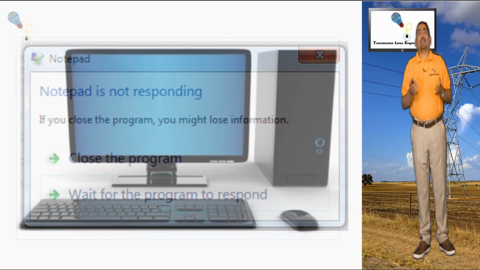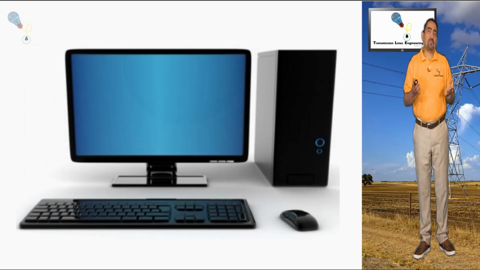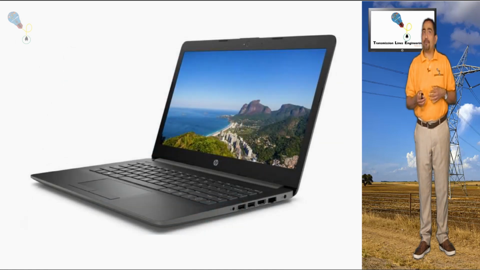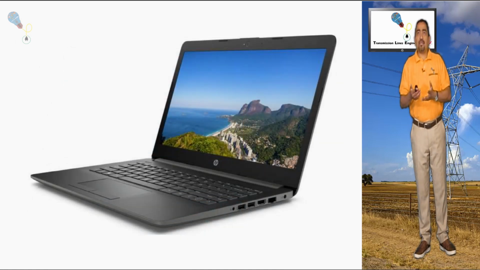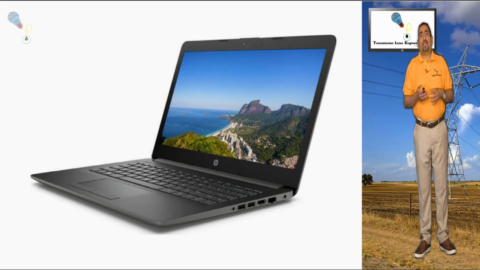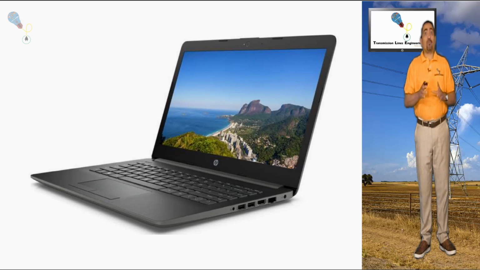As a computer for these kinds of applications, I prefer the usage of a desktop and not a laptop. The laptop is fine once the raw LiDAR data has been processed, unless it is a laptop with a very powerful graphics card.